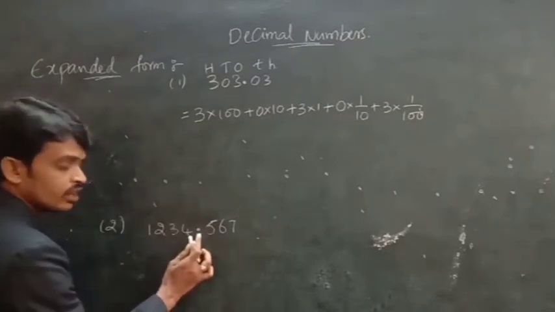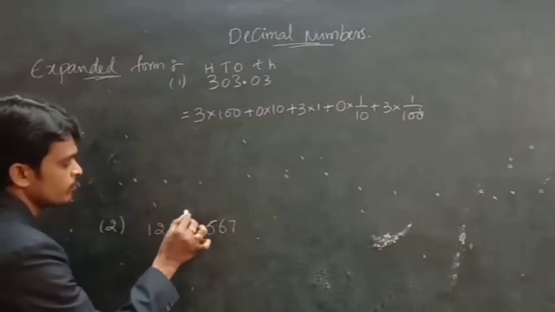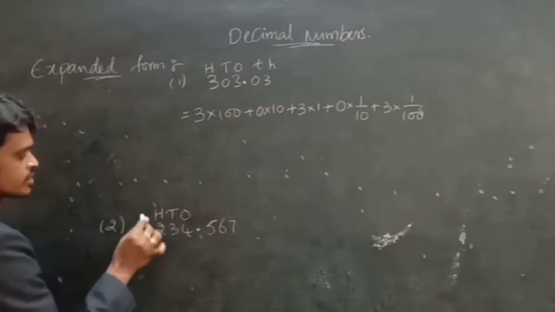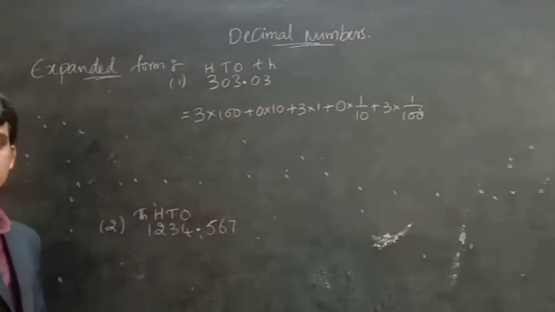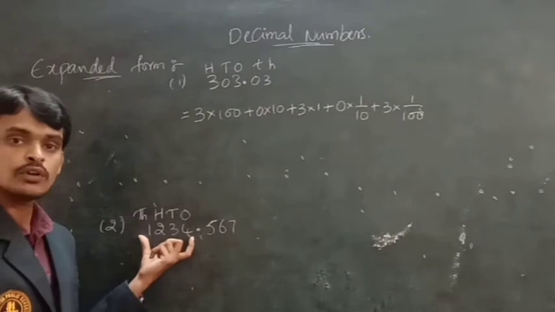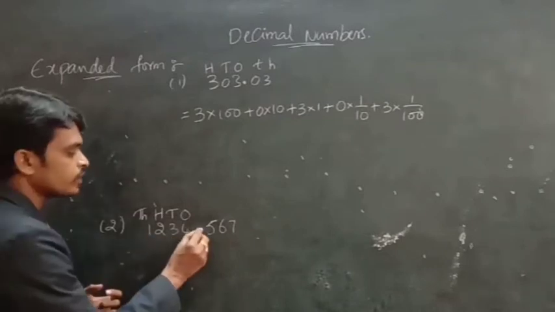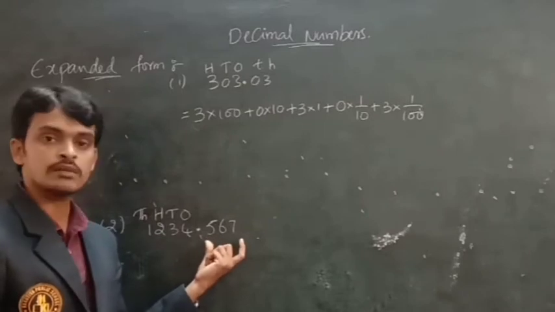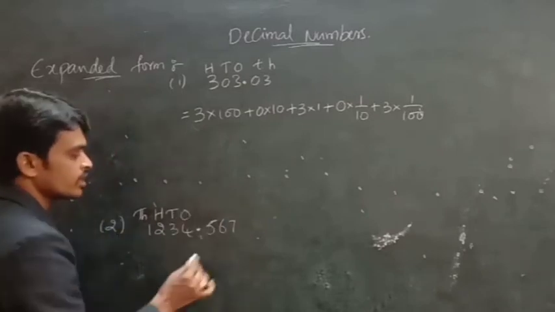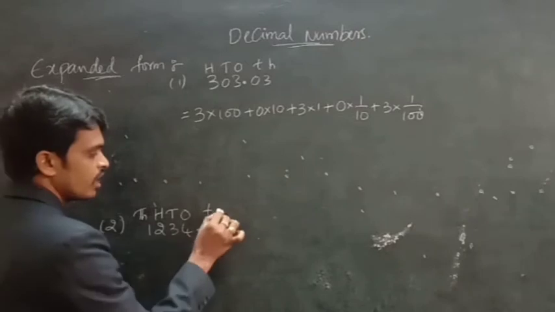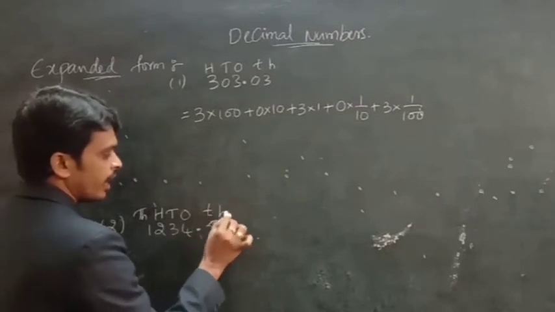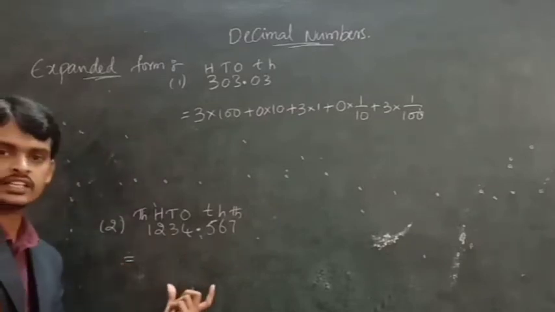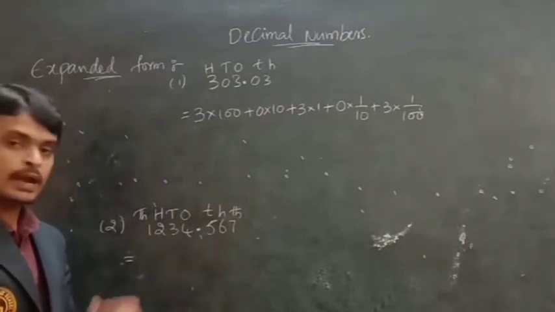Before the decimal point we start from ones, tens, hundreds and thousands, written in capital letters. After the decimal point we write tenths, hundredths and thousandths in small letters.